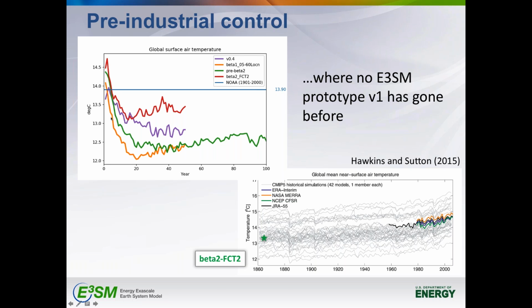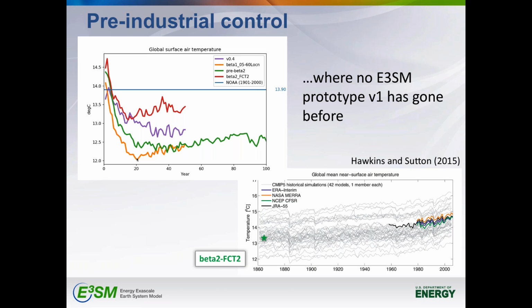Now, we do expect some drop initially here because the initial conditions from CORE are for present day conditions, and we are spinning up a pre-industrial simulation. So we do expect some cooling, but this was a very large cooling. You can see it was cooling by almost 2 degrees.